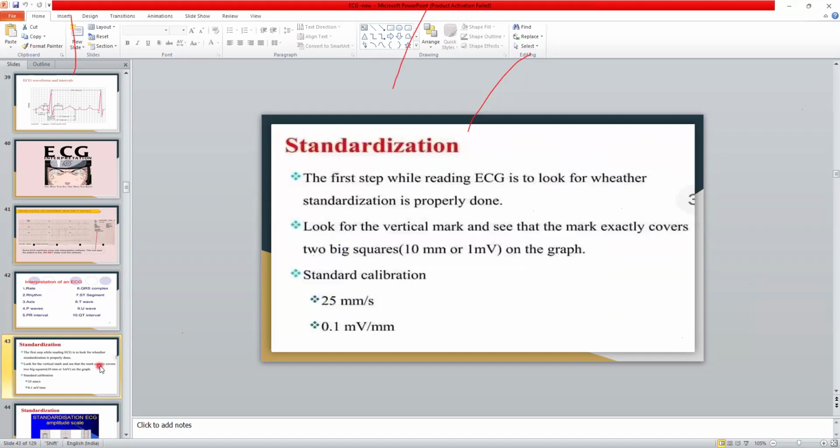First thing, when you take an ECG in your hand, you have to start the interpretation by looking for whether the standardization is normal and regular, and it is the same for all the standard 12 ECG leads.